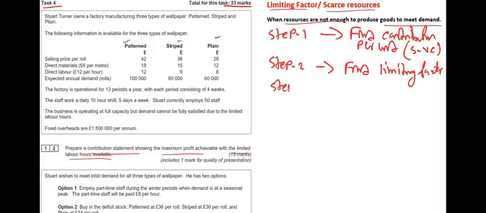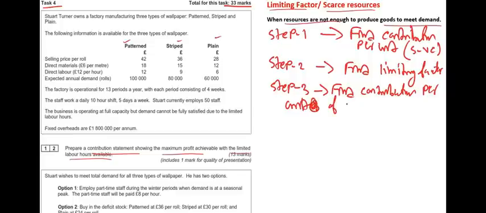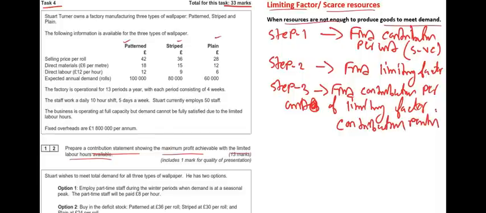And step number 3 is very important. Find contribution per unit of limiting factor. How do you find it? You do contribution per unit divided by limiting factor per unit.